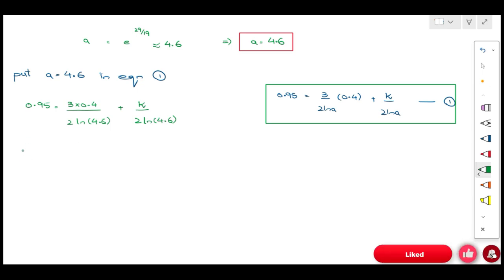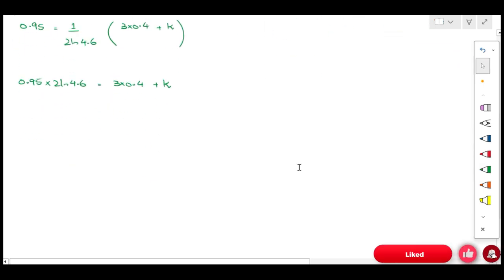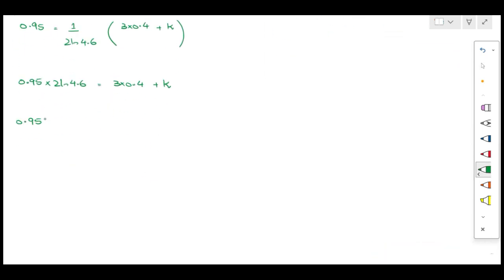Okay, so this becomes 0.95 is equal to 1 by 2 natural log of 4.6, which is common, and 3 times 0.4 plus k is left. Okay, now cross multiply. 0.95 is multiplied with 2 natural log of 4.6, this is equal to 3 times 0.4 plus k. Now to solve for k, we can say 0.95 multiplied by 2 times natural log 4.6 and subtract 3 times 0.4.